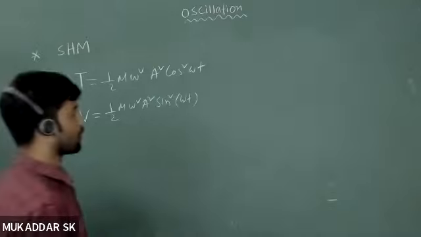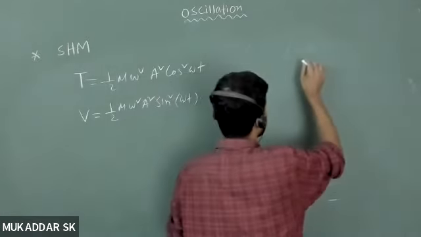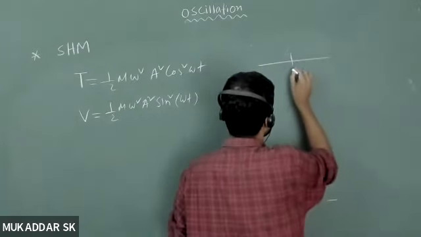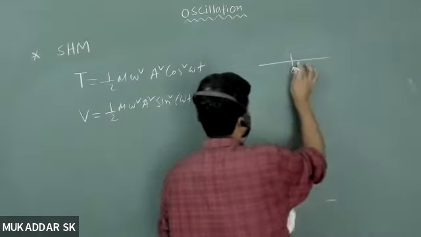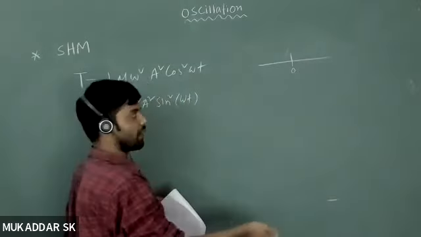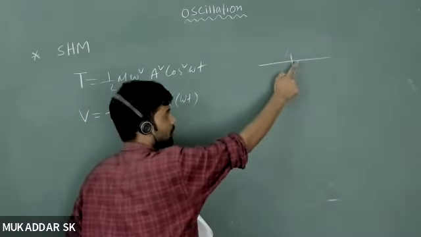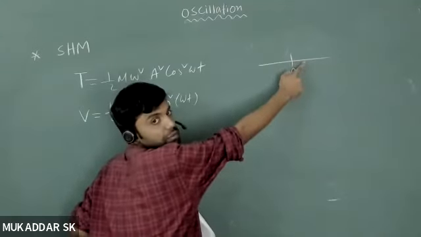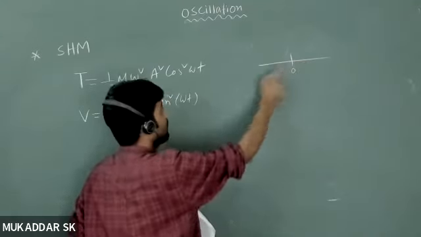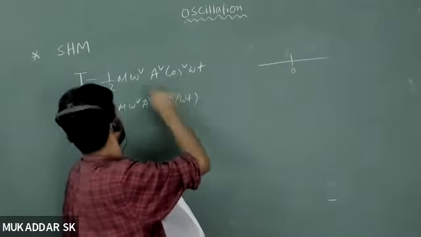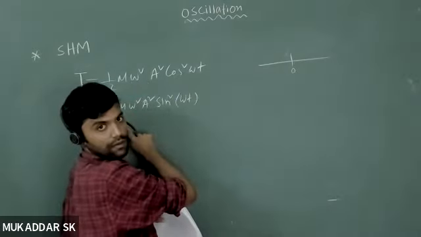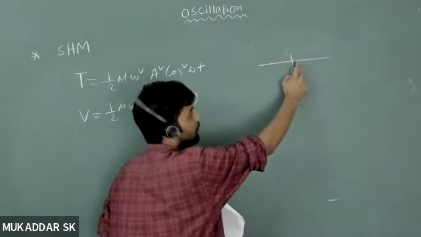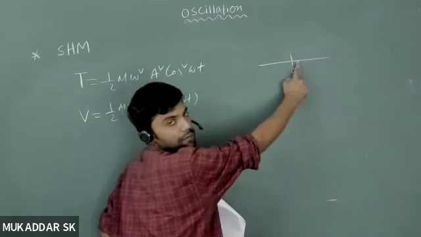Okay. Now you know that if you draw that diagram, this is the mean position. Suppose your oscillator makes a journey from the mean position, and for different times, the oscillator is at different positions. And you can clearly see the kinetic energy and potential energy as functions of time. So let us assume at time t1, the oscillator is at this place.